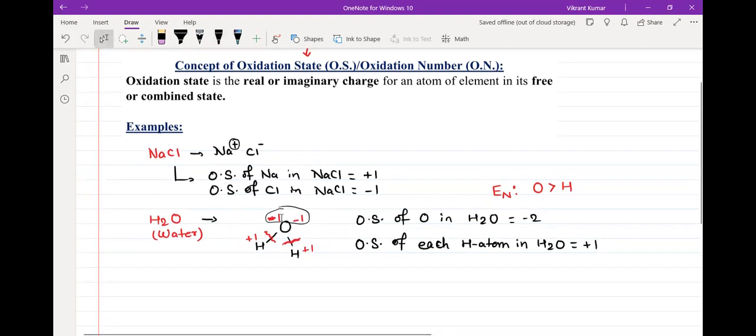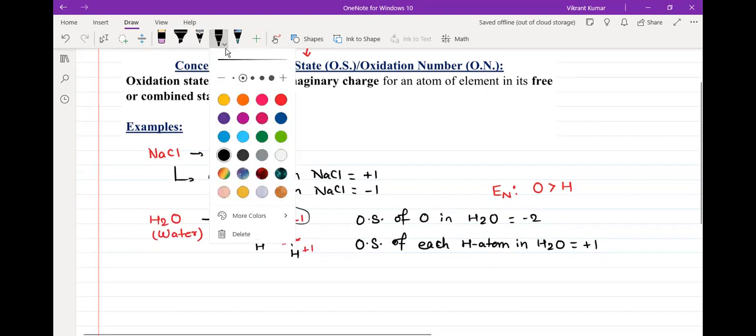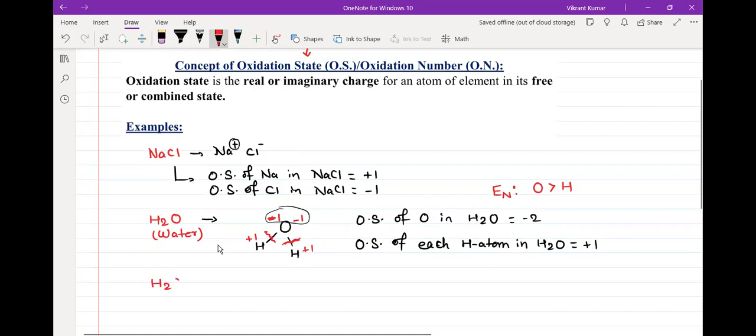Now I'll make a structure and I want you to solve it. If I give you H2CO3 and I'll give you the structure also, you tell me the oxidation state of each element in this compound H2CO3.